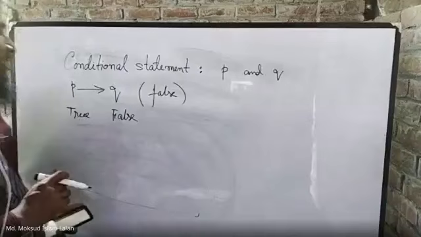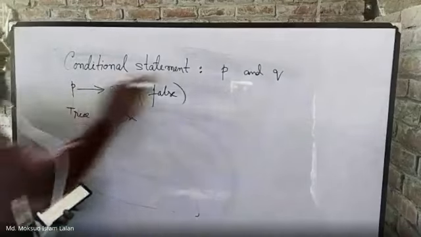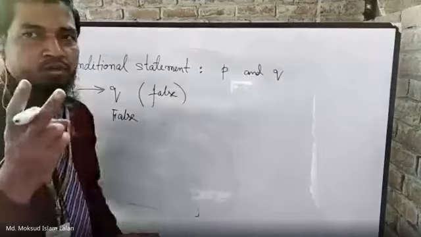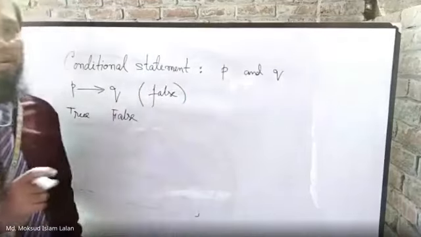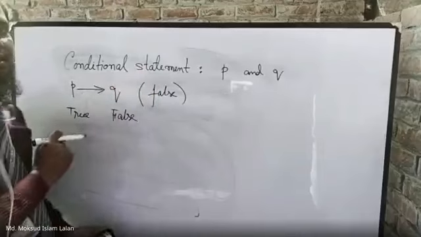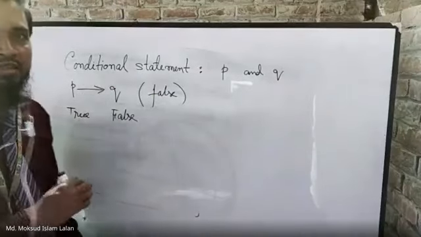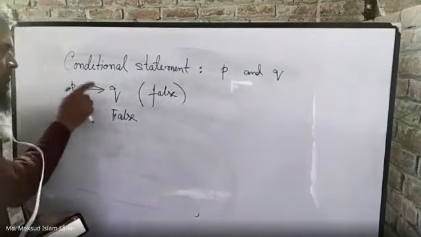Okay, Rafi. This is the conditional statement. P and Q, we have to consider two propositions, one is P, another is Q, right? Now, the conditional statement is denoted by this sign.